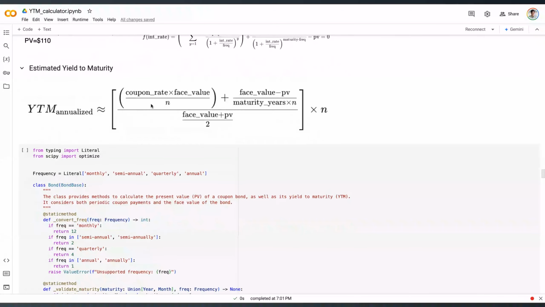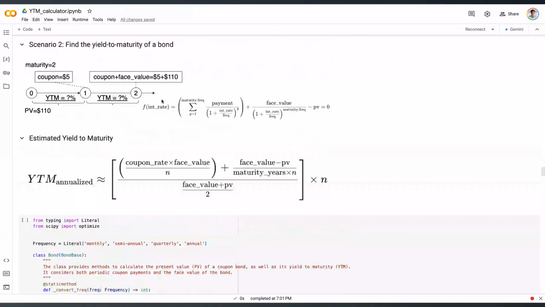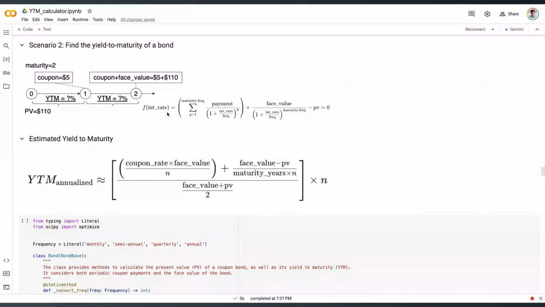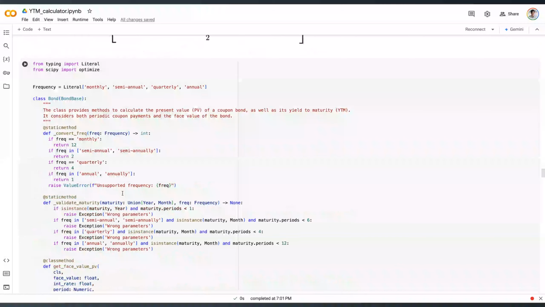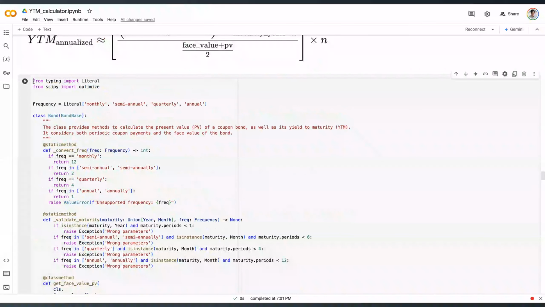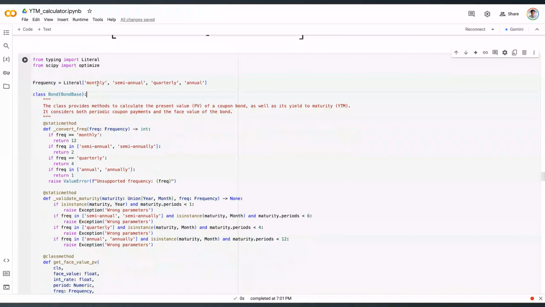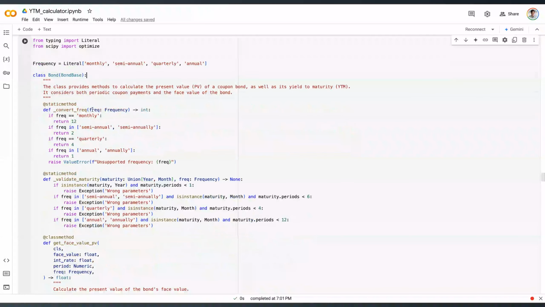The values that you get from the two formulas are slightly different, and depending on whether you need a very accurate number or an estimated number, you can choose the formula.